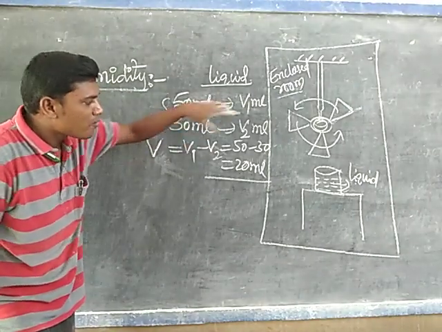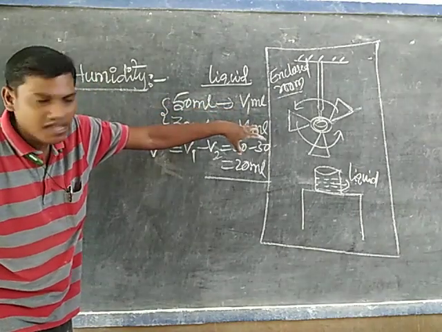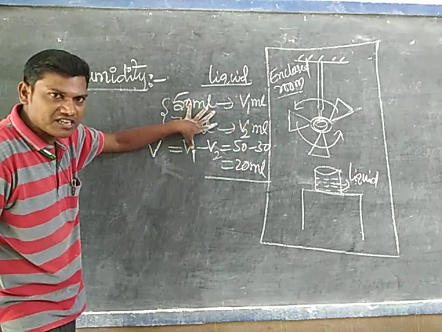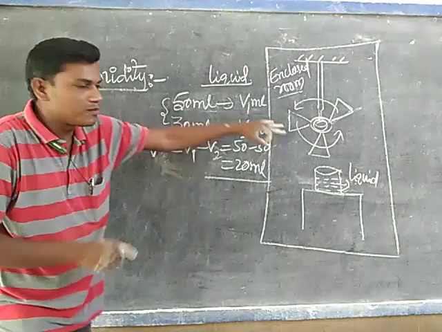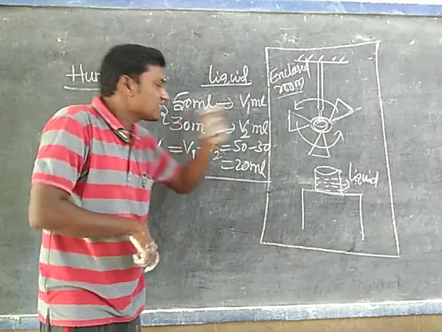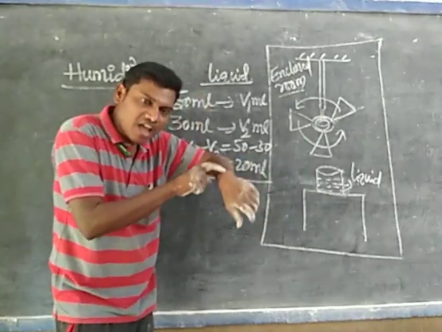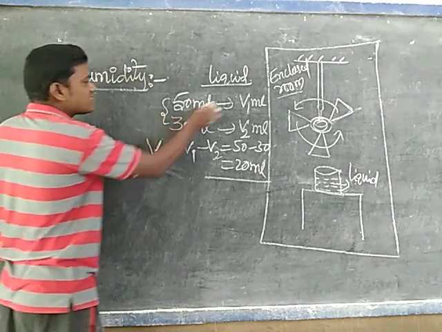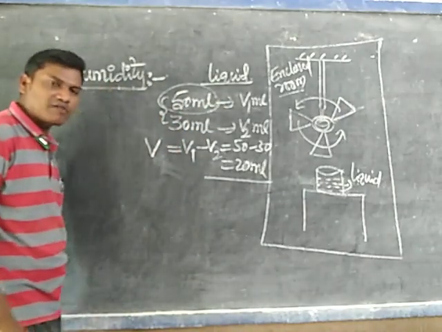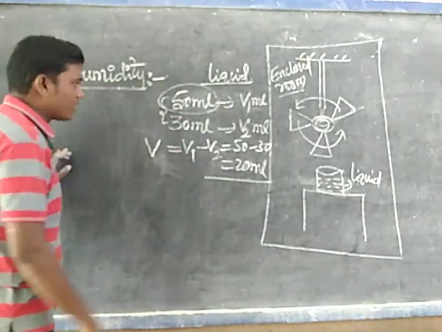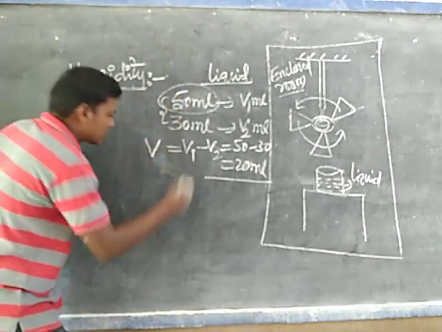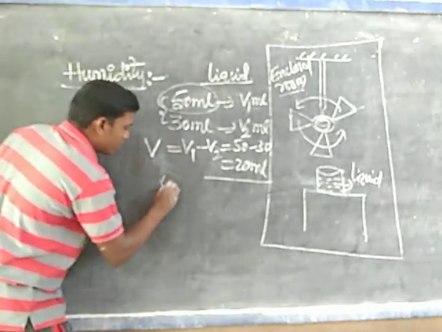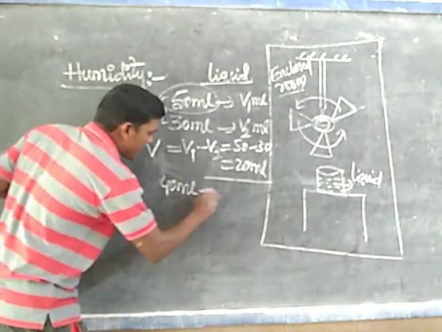In the first case we observed after 5 hours, and in the same way in the second case we also observe after 5 hours. What is the V1 value in the second time? 50 ml. And what is the V2 value in the second time? Most probably 50 ml.